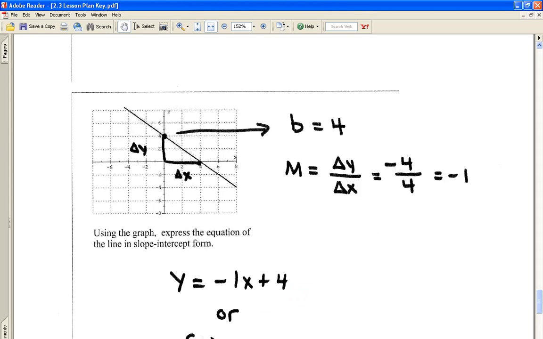Or in functional notation, f of x equals the opposite of x plus 4. And notice that you don't really have to show the 1 in front of the x. It's implied when you see the minus that you know it's a negative 1.